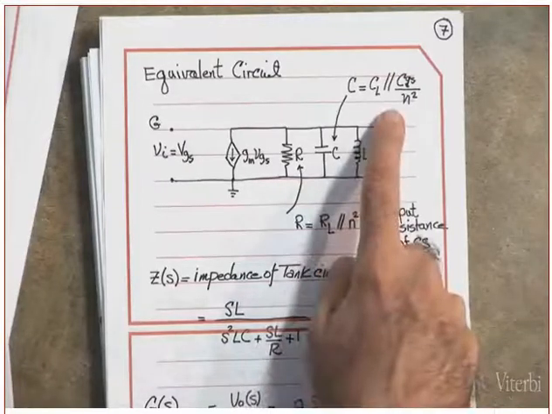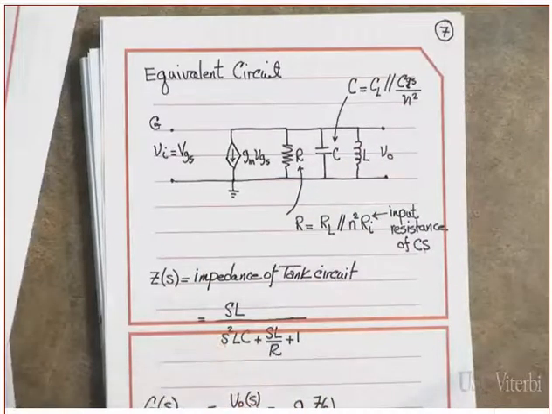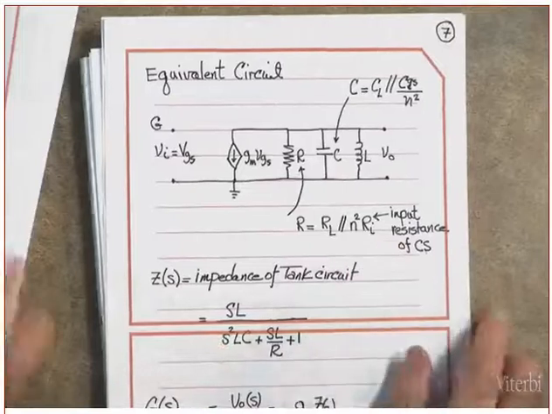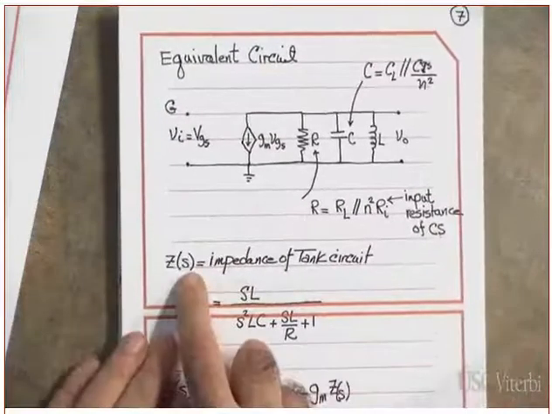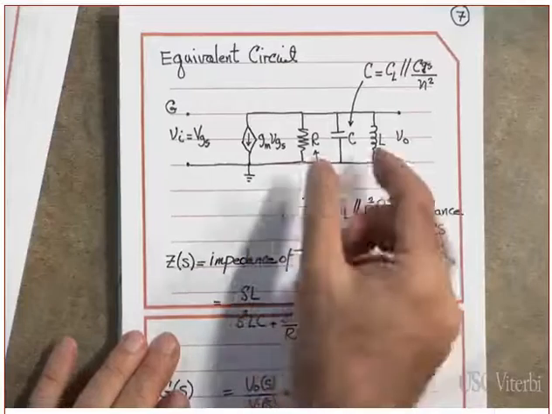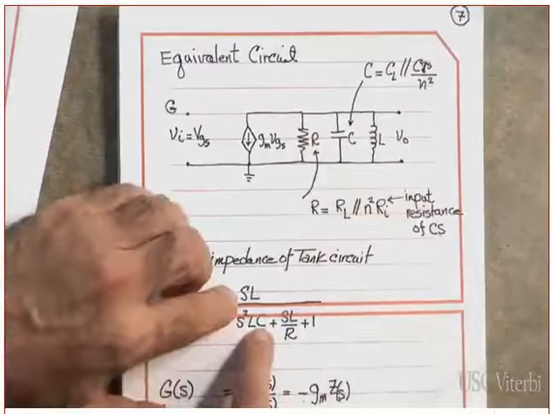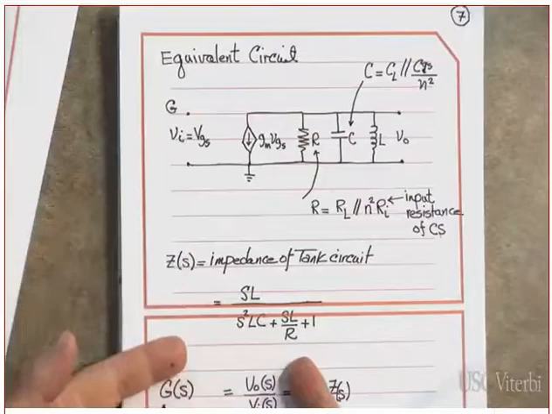This one is divided by N square. This one is 1 over j omega C, whereas this one is just R. Did you get my point or not? Okay, good. So we have the following: the impedance of the tank circuit, which is this, is equal to what? sL. Can you explain to me where this came from?